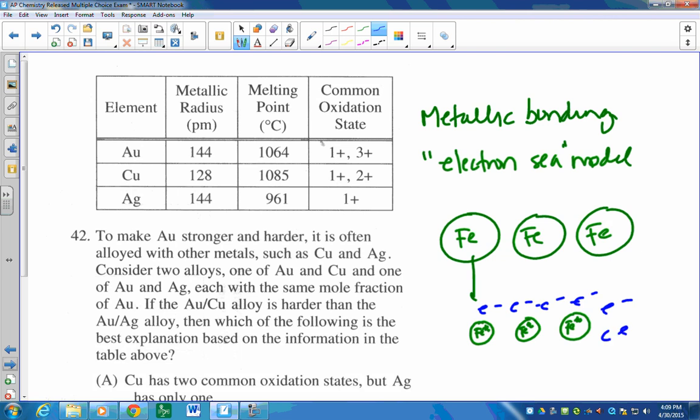And what happens is this island has a +6 charge, and the electrons in the sea have a -6 charge. According to Coulomb's law, that is a huge force of attraction, because of the magnitude of the positive charge and the magnitude of the negative charge. 6 times 6 is 36.